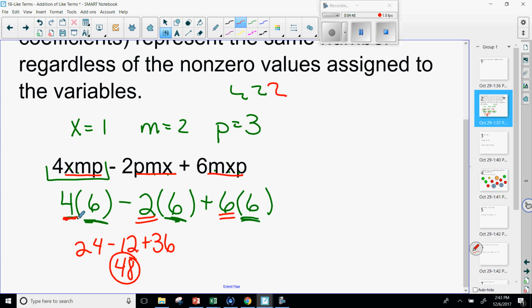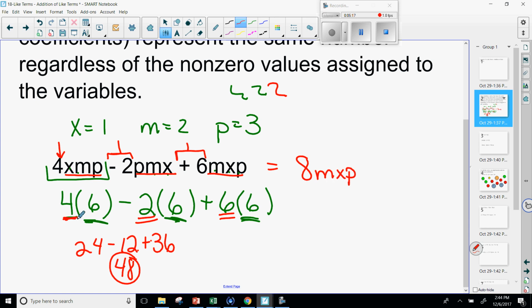When you are grouping them together, we work with just the numerical coefficients. So I have a positive 4. I have a negative 2. Take the sign in front of it. And I have a positive 6. What happens when I group those together? What is 4 minus 2? 2 plus 6 is 8. So I could add these together and get 8mxp.